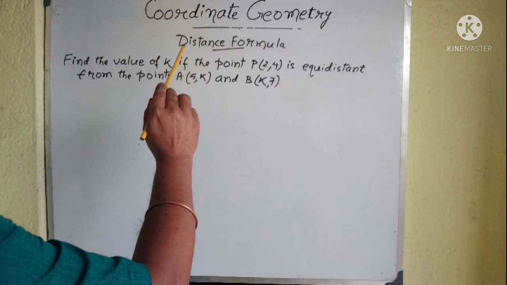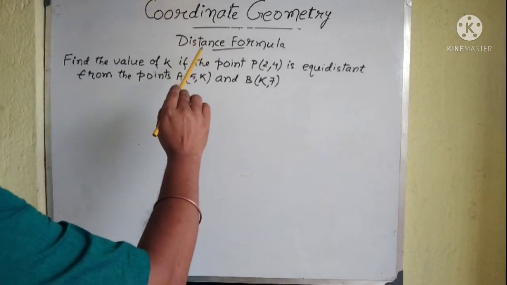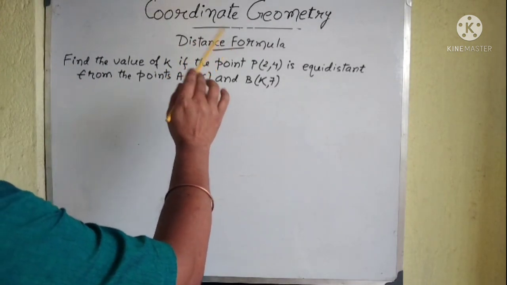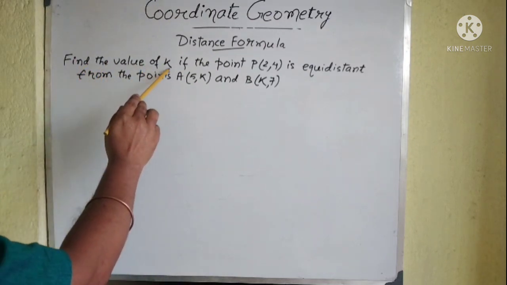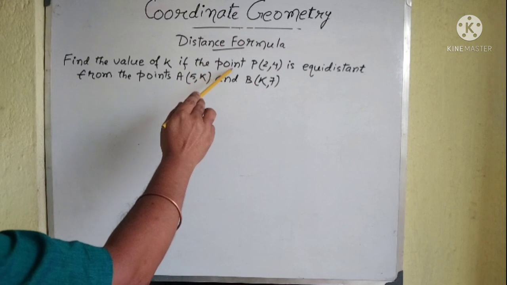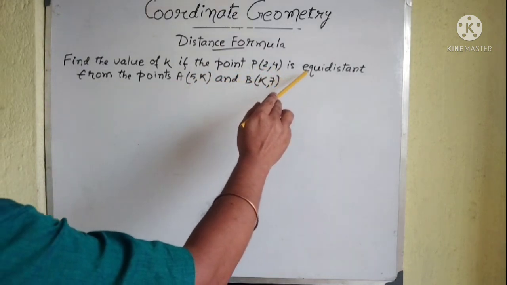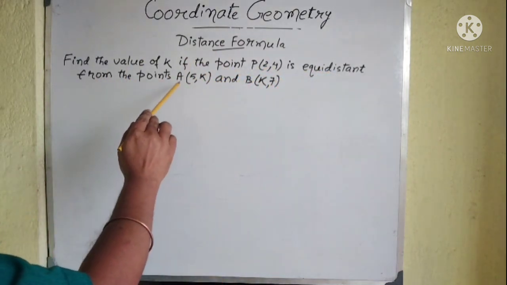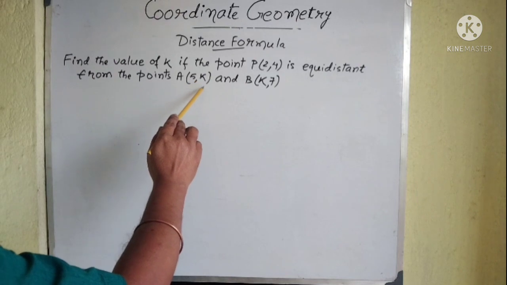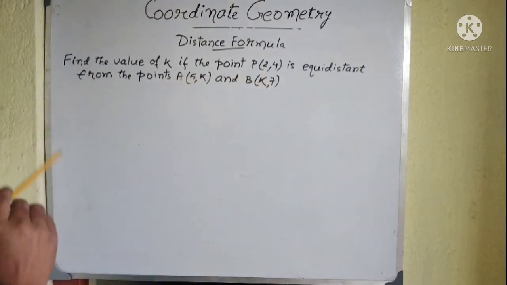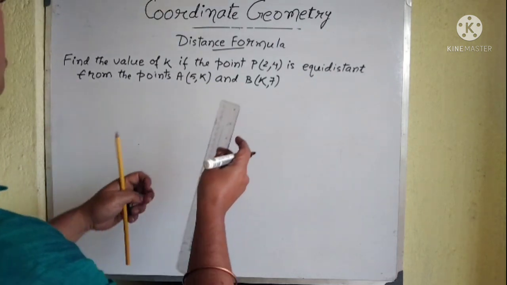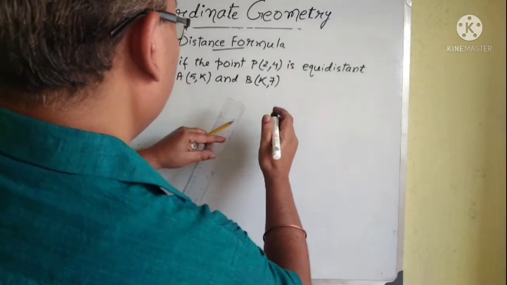Now we will try to solve a question of distance formula. So the question is, find the value of k if the point P(2, 4) is equidistant from the points A(5, k) and B(k, 7). So we will first plot the point.